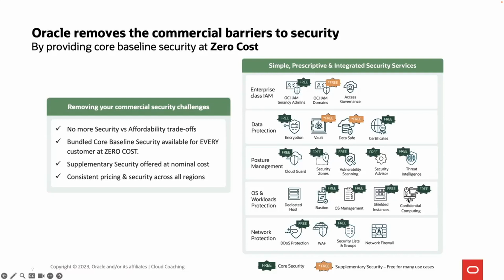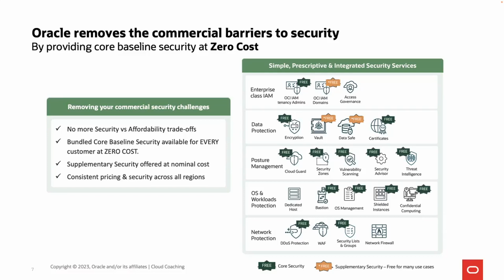Shielded instances or confidential computing instances allow you to use TPM protected environments, or even secure memory environments. Network protection has DDoS protection enabled all the time, without anything extra you need to configure or disable.